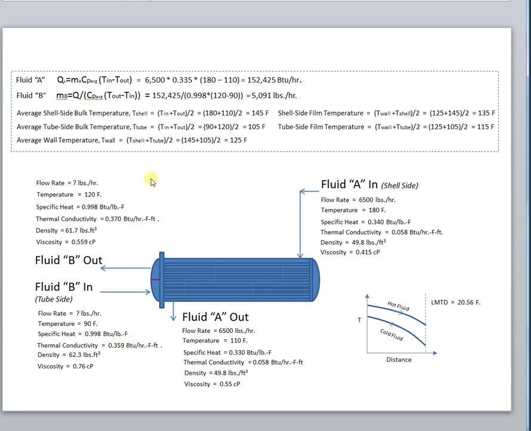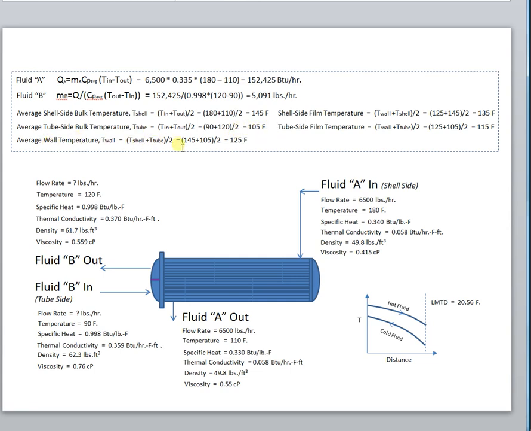For our calculation, however, we're going to have to know the average bulk temperature, the wall temperature, and the film temperature. So the average shell side bulk temperature is the average of the inlet and the outlet. So the 180 plus 110 divided by 2 is 145. Similarly for the tube side, the average is 105.